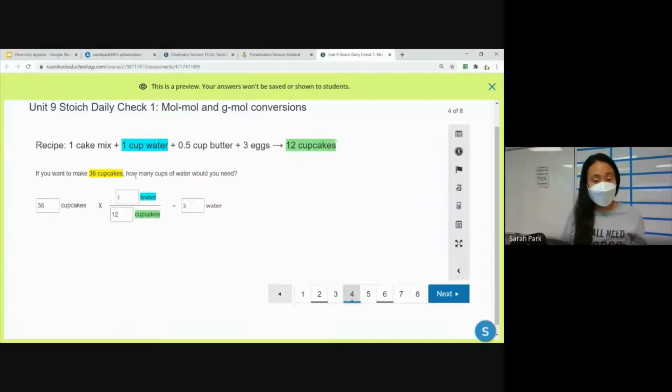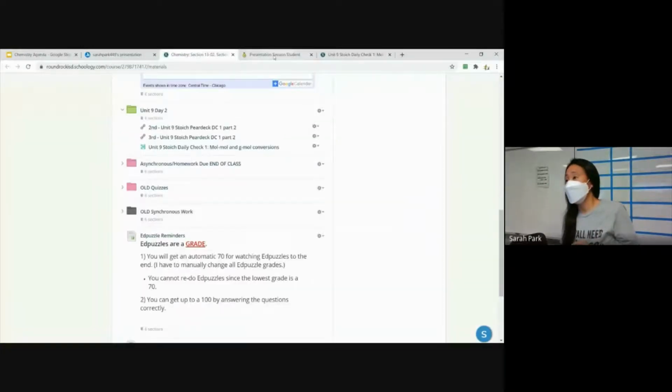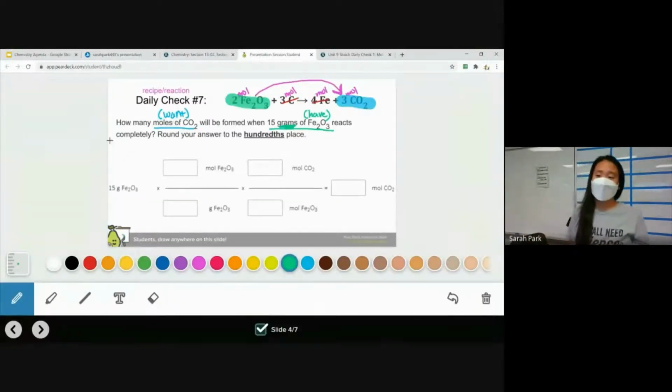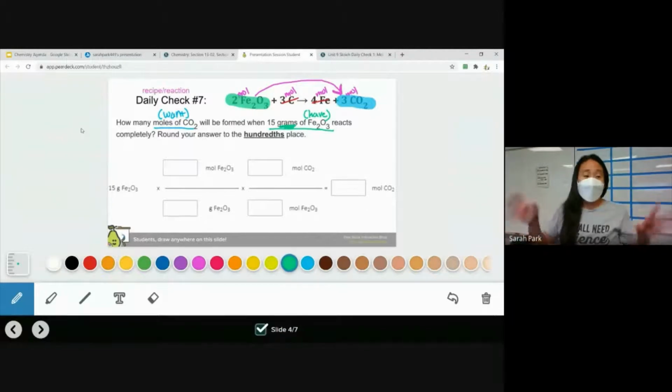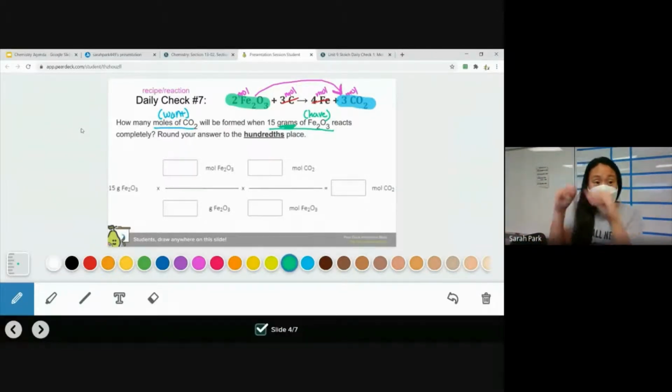Does everybody understand that? So when you look at this particular problem, you're like, okay, I have grams, but my recipe is in moles. Problem, so I need to convert it to moles and then I get to use the recipe. Right now, your biggest problem is that you're stuck in grams.